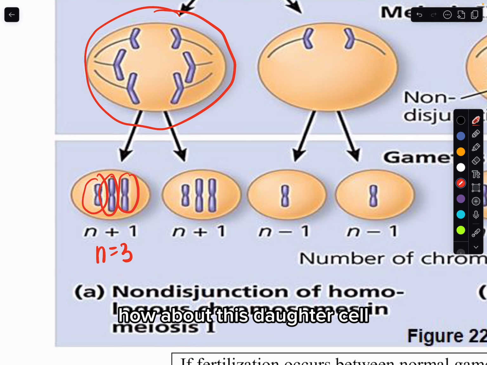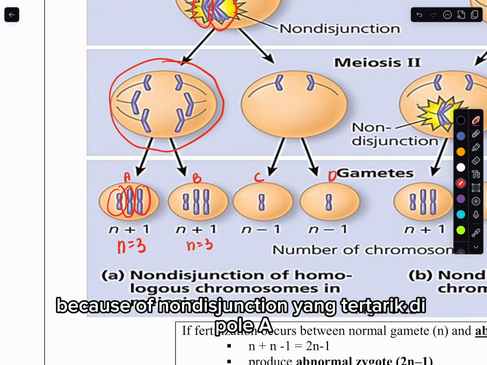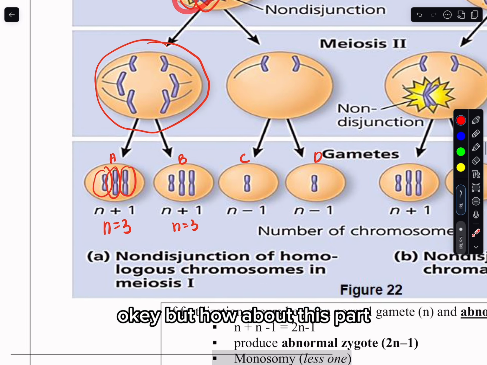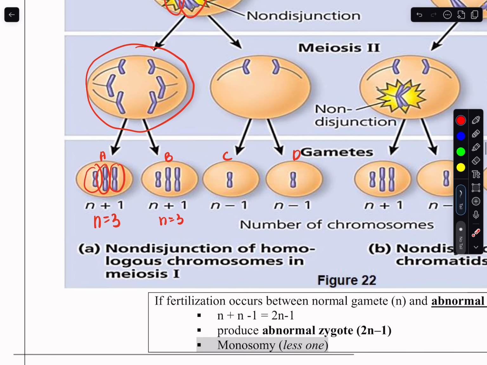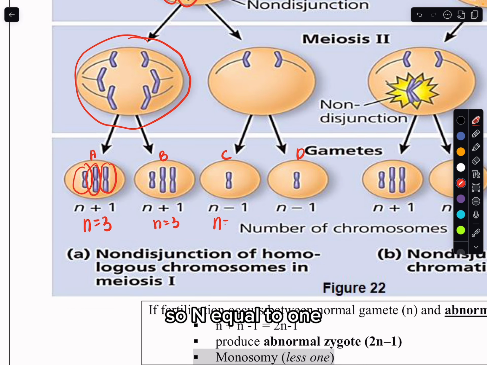How about this daughter cell? Kita bagi label lah A, B, C dan D. B pun ada terlebih, n equal to 3 because of nondisjunction yang tertarik di pole A. Okay, but how about this part? n minus 1, so sekarang ni kurang pula 1. So n equal to 1, n equal to 1.